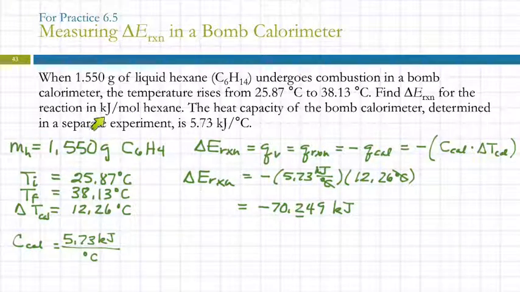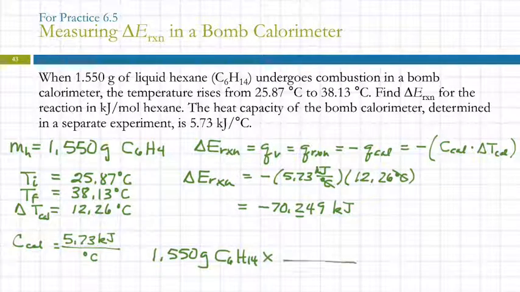They're asking us how many kilojoules per mole of hexane. Well, how many moles of hexane is that? Off the top of my head, I have no idea. Could we figure that out? Sure we could. So 1.550 grams of hexane. We need the molar mass.